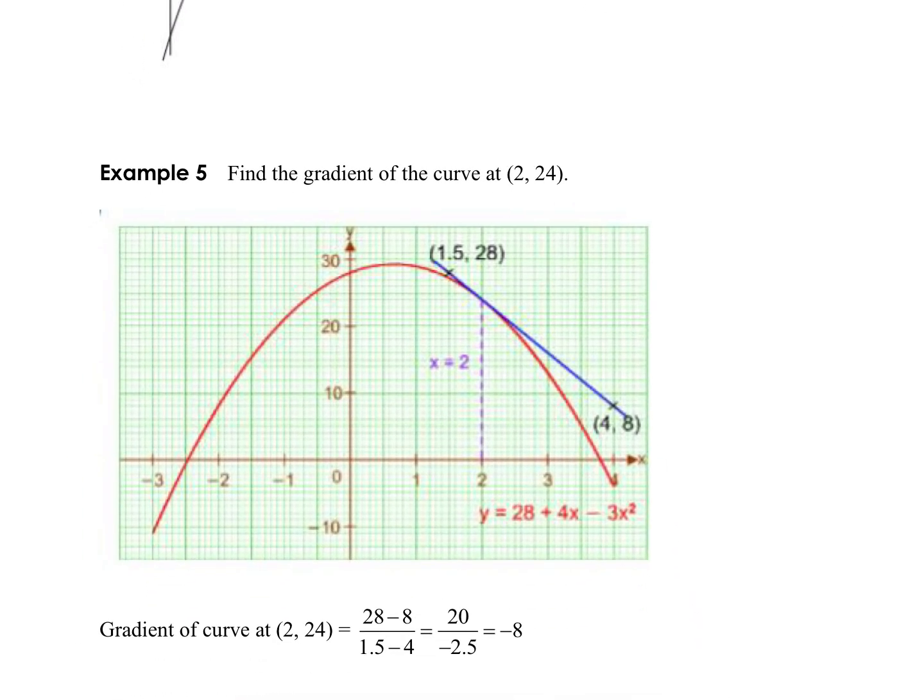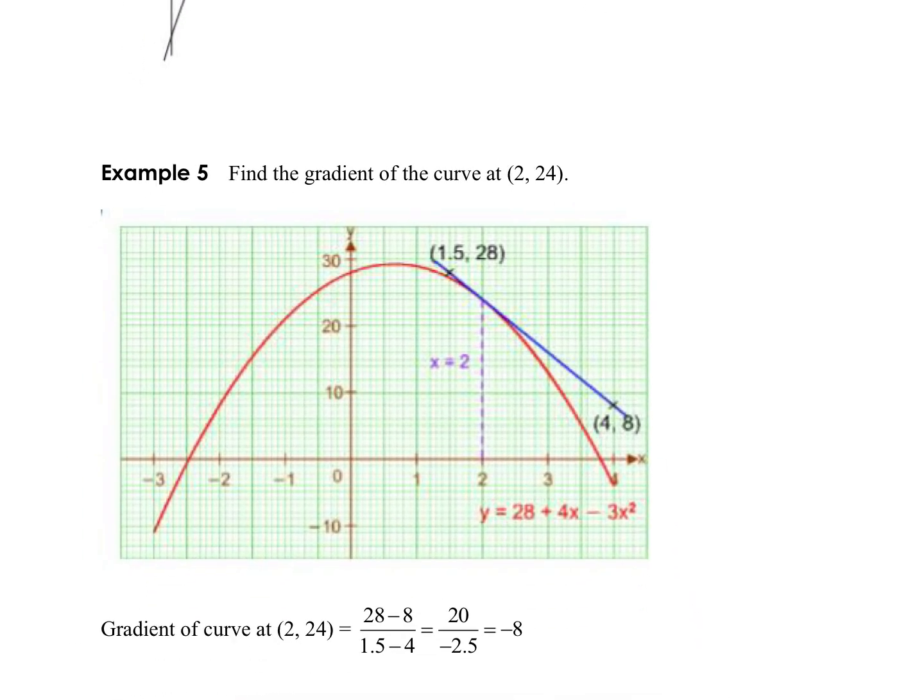So for example, I want you to find the gradient of the tangent at this point. So I draw a tangent line, I put my ruler here. Make sure the angle on either side is about the same.